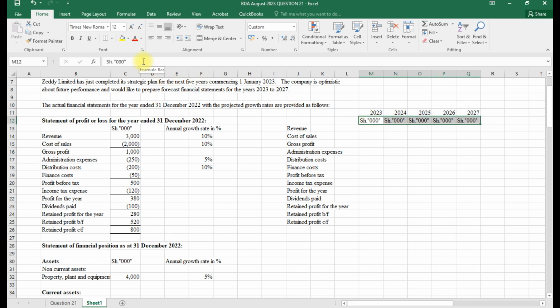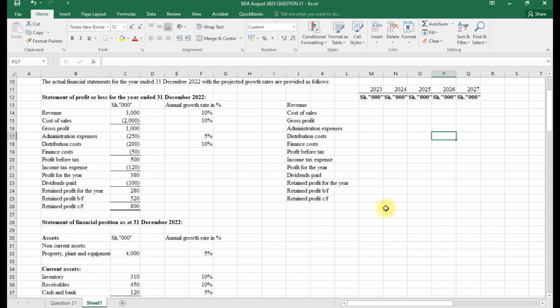Even this one I can bold, shillings in thousand. Yeah, so those are the 5 years, 1 2 3 4 5, for 2023 to 2027, the next 5 years, as our forecast that we need to prepare.